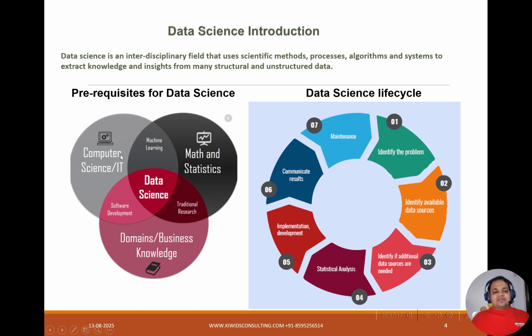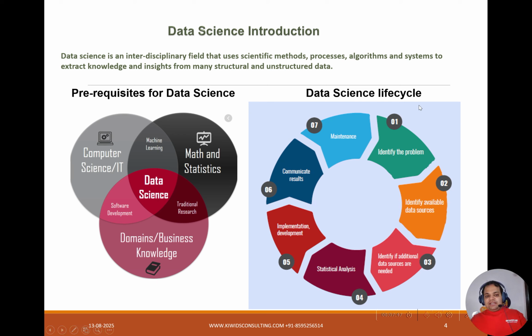Basics of computer science come from college, and maths and stats come from education, definitely. But domain knowledge is something where we build expertise over some years. That's where experience comes into the picture, along with software and research. Those are the things which enable us to gain experience over time in the industry.